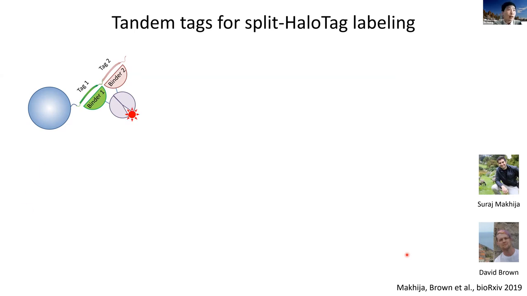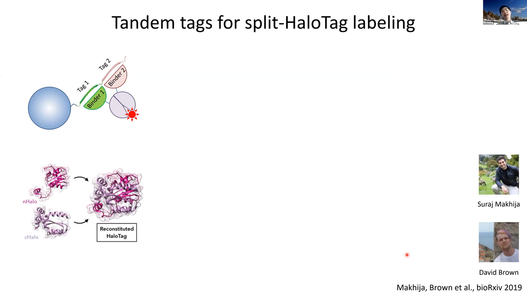This is the desire for us to enable tagging proteins with the split Halo tag. For some people who might be familiar with the Halo tag, because it's an enzymatic tag that can covalently bind a fluorophore, and because it's a covalent-binding ligand, the ligand can carry an organic fluorophore that provides much higher photostability and signal compared to a fluorescent protein.